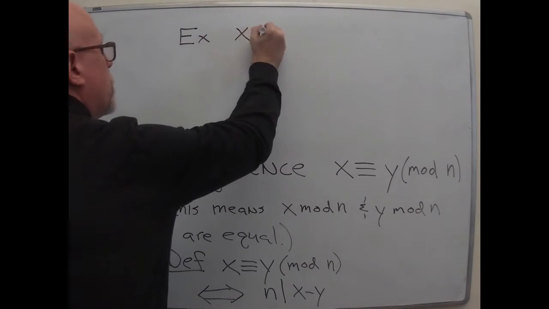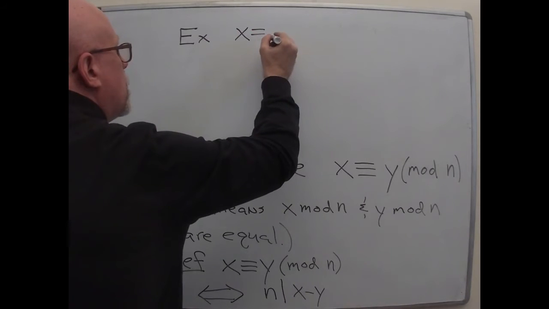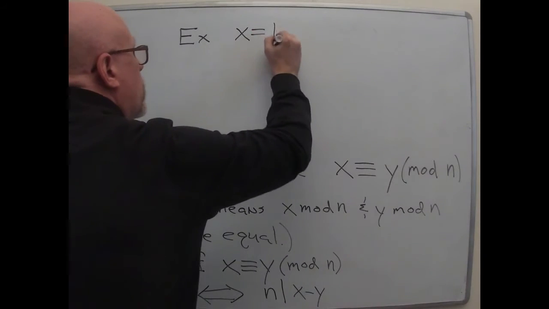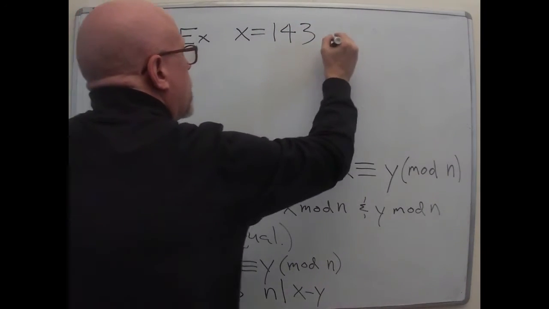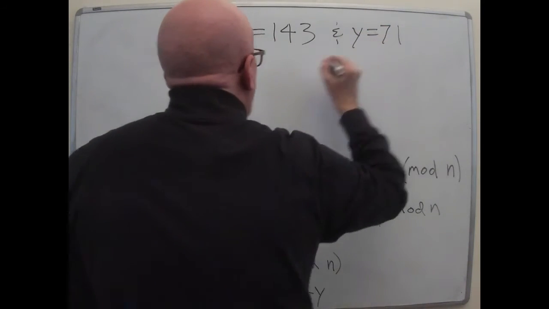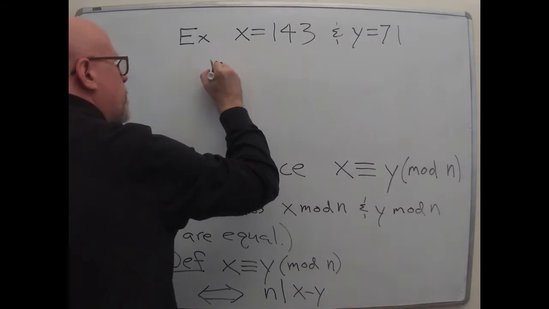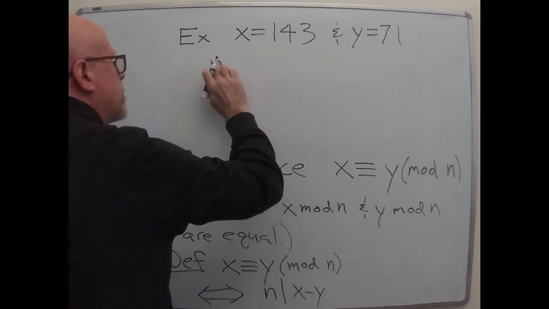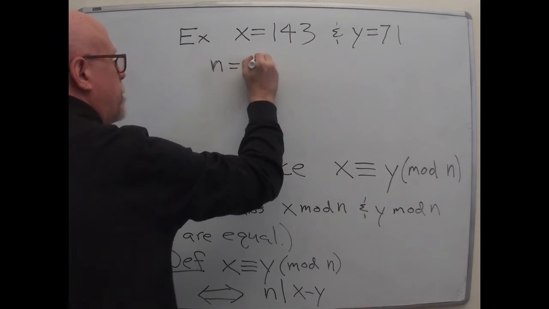Suppose x was 143 and y is 71, and we're working with n is 12.